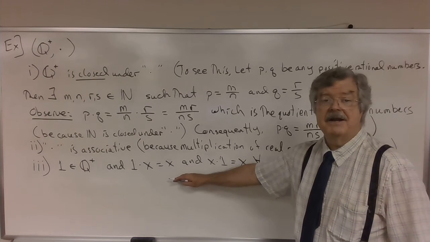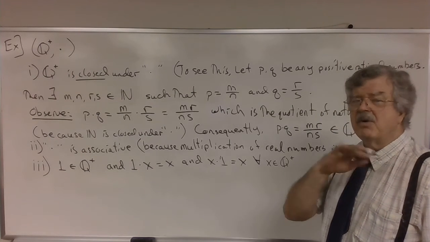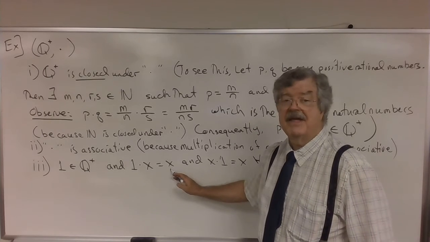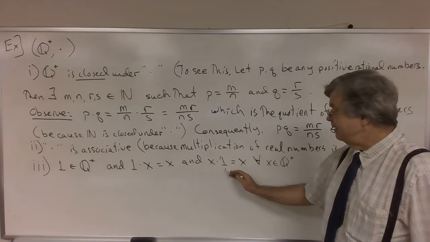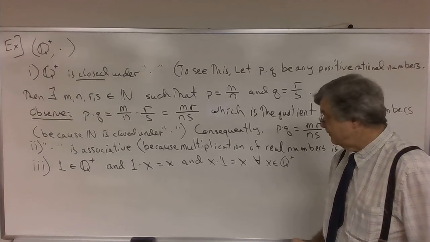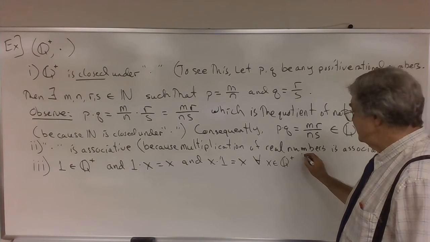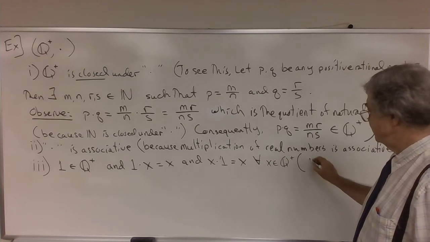One is the identity not just for the rationals, but for the whole set of real numbers. 1 times anything is that anything. Anything times 1 is that anything. So 1 is the identity.